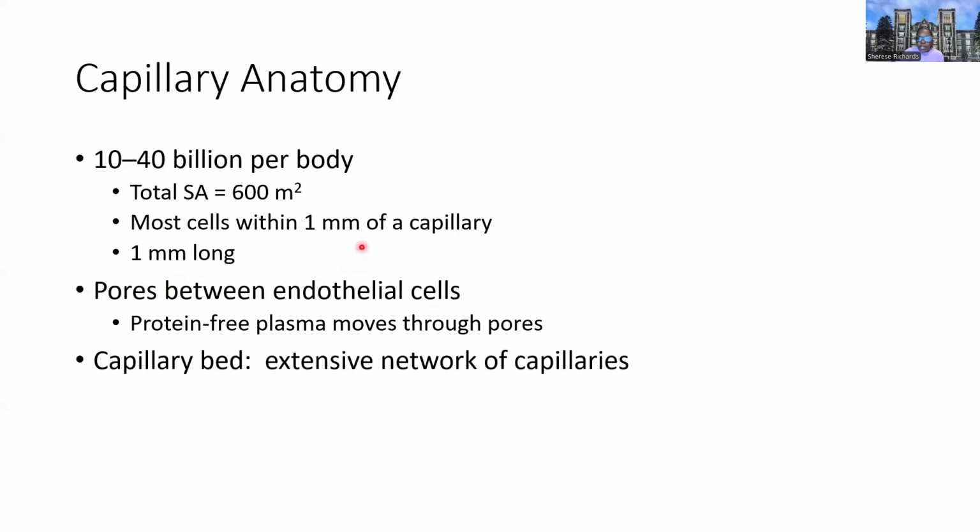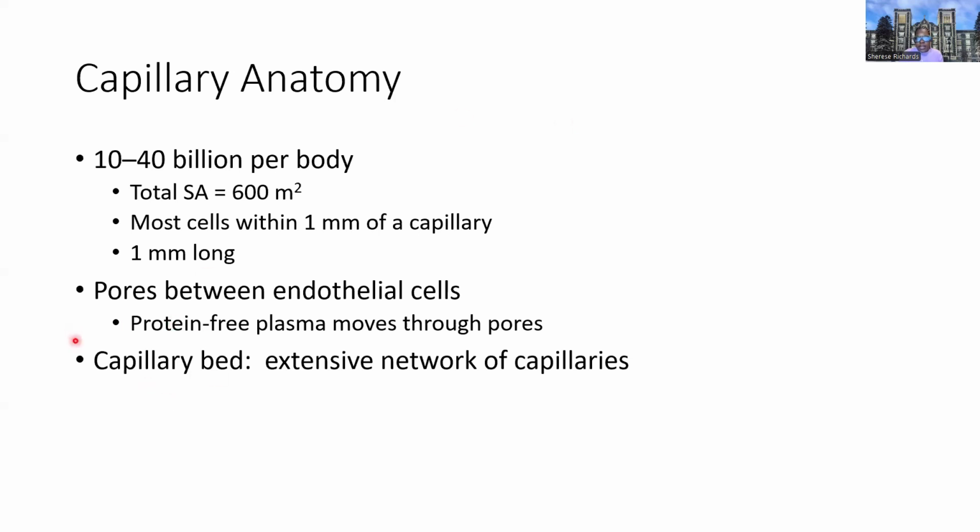Now, most capillaries are going to have pores between the cells, right? Remember, capillaries being 1 cell layer thick, they're pretty much a layer of endothelial cells stacked against each other. And so the pores in between those endothelial cells allow for plasma to move across. This is what allows us to have that diffusion and movement of particles.